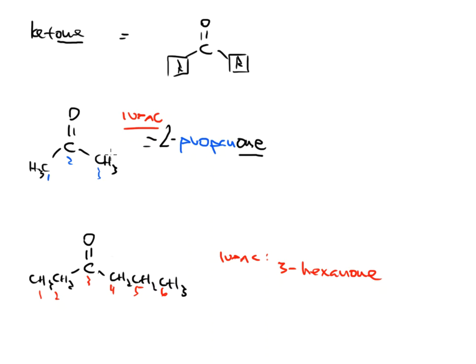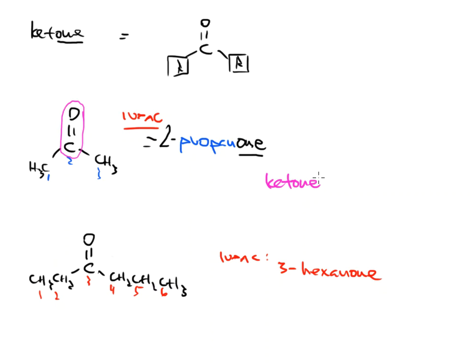If we had to common name the compound, what I do is I find the C double bond O, and here is my C double bond O group, right there. That C double bond O, I know in this molecule is a ketone functional group. So I write the word ketone because I'm getting ready to name a ketone.